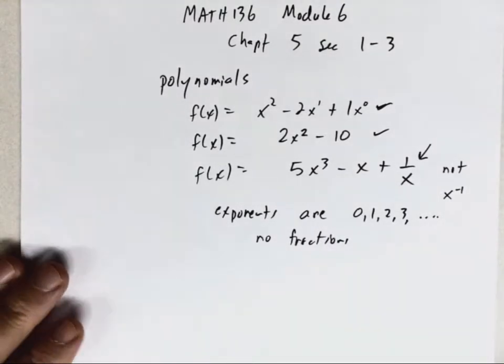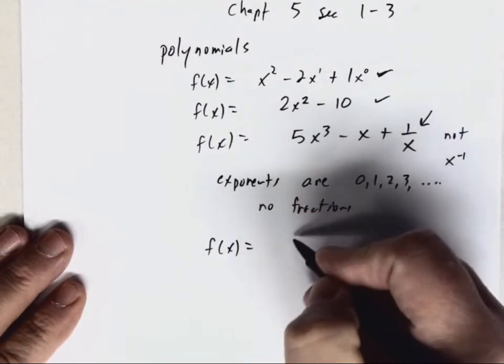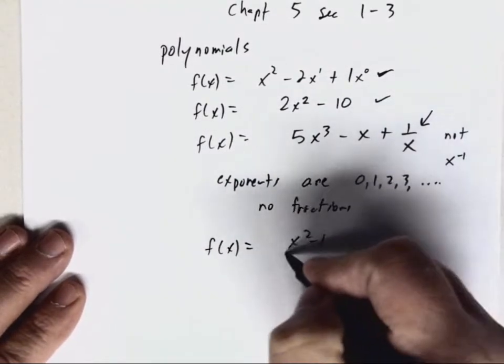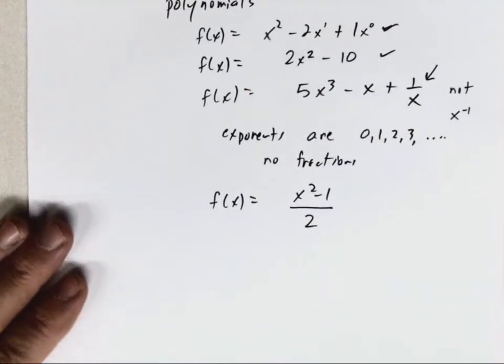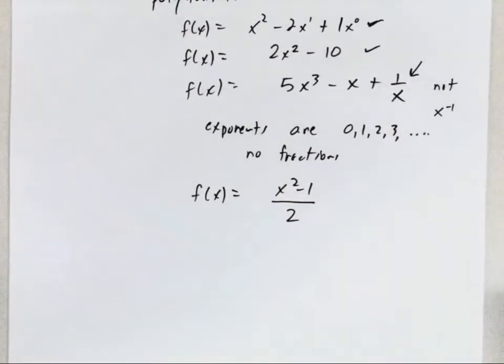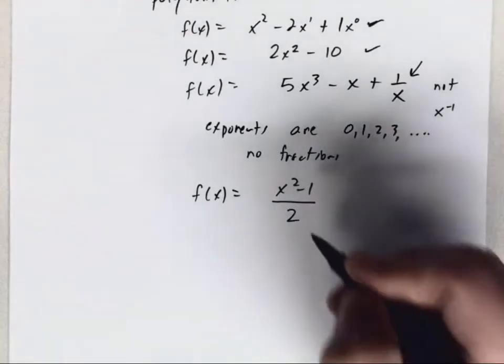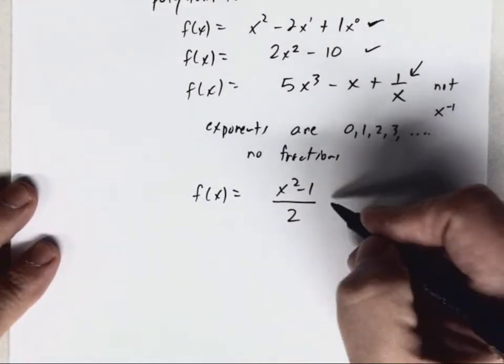Now sometimes you can be a little fooled. Sometimes you may be given an expression like this, and you're asked, is this a polynomial? And at first you think, well, it looks like a fraction. Well, it is a fraction. However, there's no variables in the denominator.